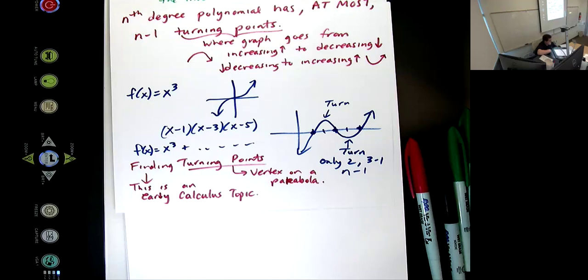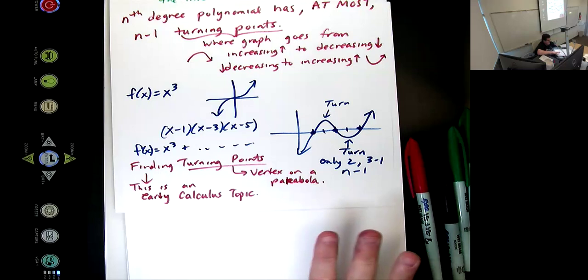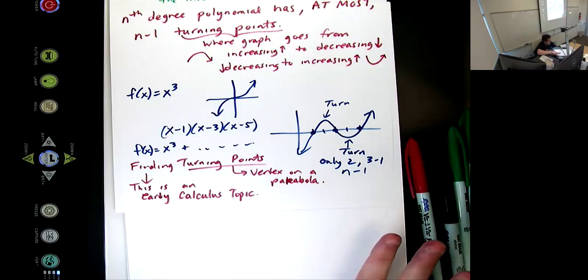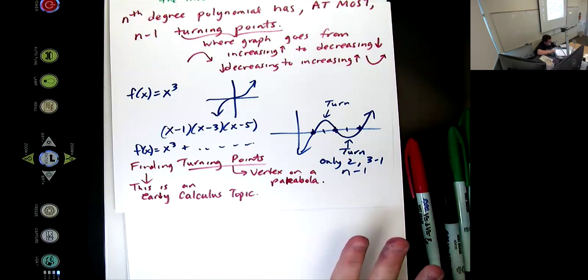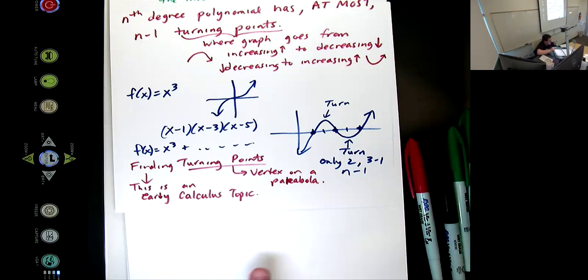It's really like finding turning points in calculus. Once you understand how derivatives work, which is chapter 1, it's easy. Polynomial derivatives are the easiest of the derivatives. It's the first one you learn, so the first time you learn derivatives, you can immediately graph these things, which is cool.